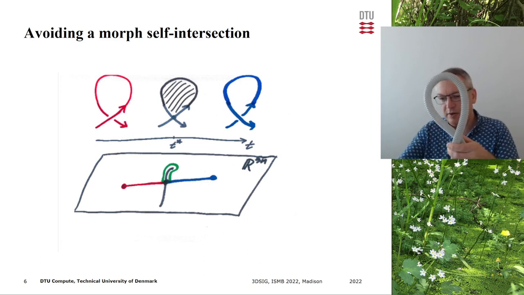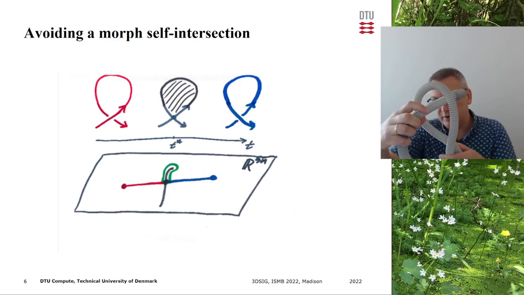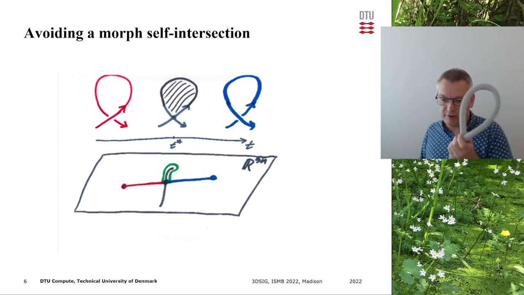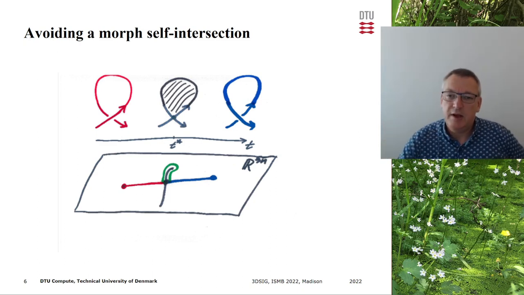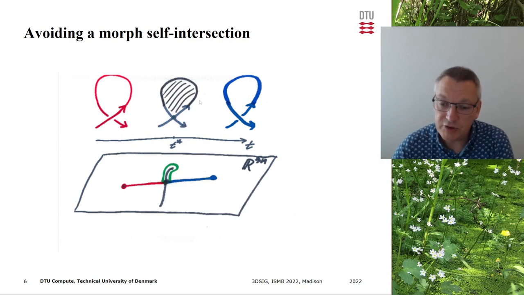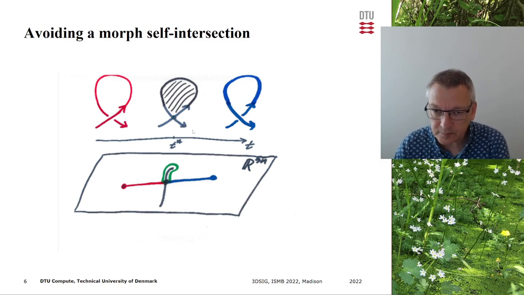However, if another part of the protein actually is sticking through that loop, is poking through here, then of course it's not possible to do it without causing new self-intersections. So this is the check: is this surface disjoint from the rest of the protein at that time during the morph.